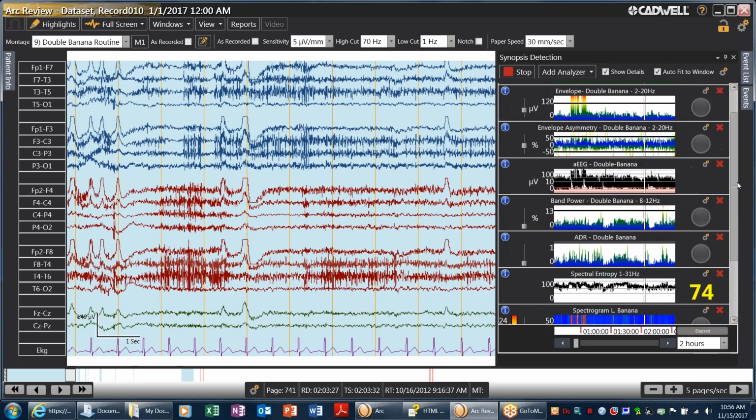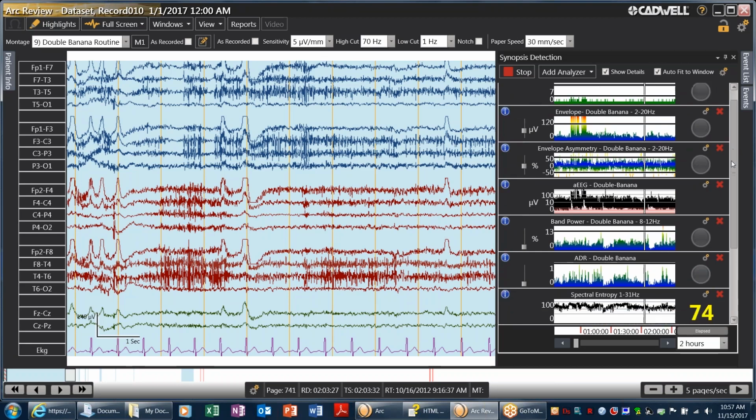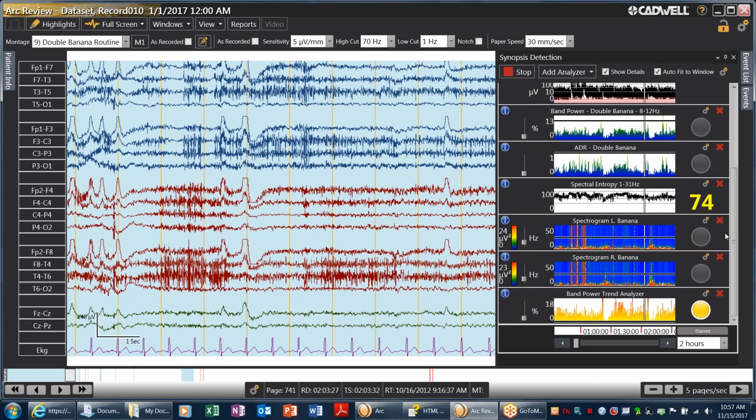But the seizures don't really stand out like this. This is how the ones from the previous file looked, whereas here, you would not necessarily think that there was anything happening. And so this is a common problem for this approach to EEG review, and it's why we all have a little bit of hesitancy.